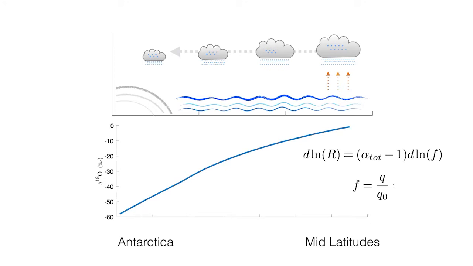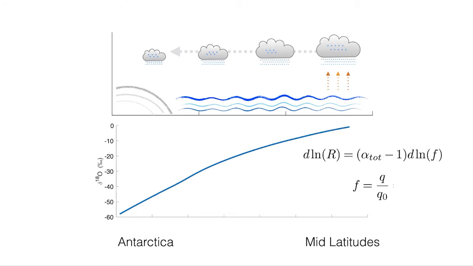As our air parcel takes its journey, it's going to progressively lose heavier isotopes to the precipitation that is forced to fall out of it. Along this path, the delta value of the vapor and the delta value of the precipitation falling out of it are going to get increasingly more negative, that is, depleted in the heavier isotopes as they're progressively lost along the way.